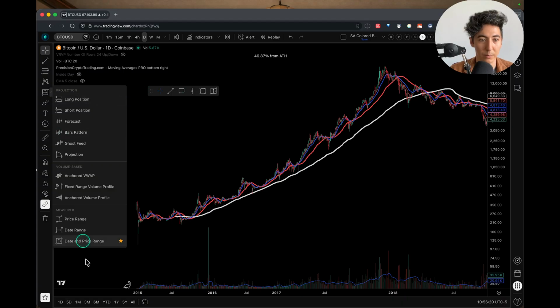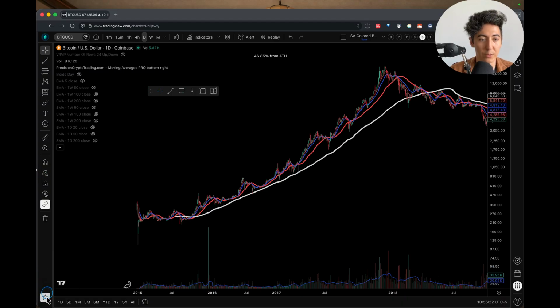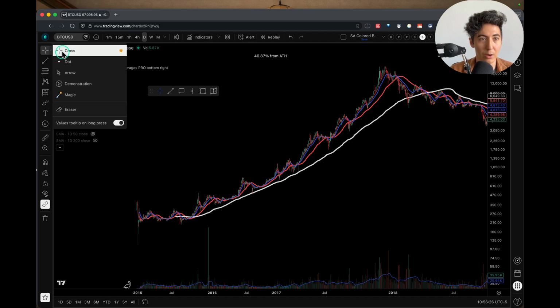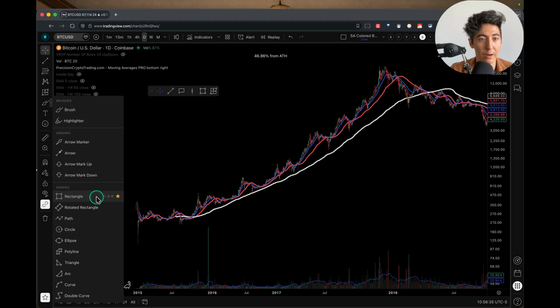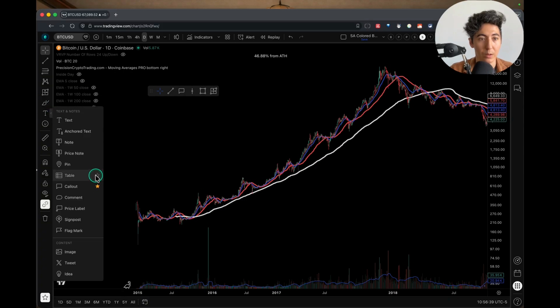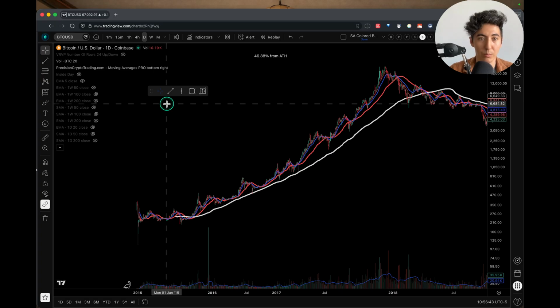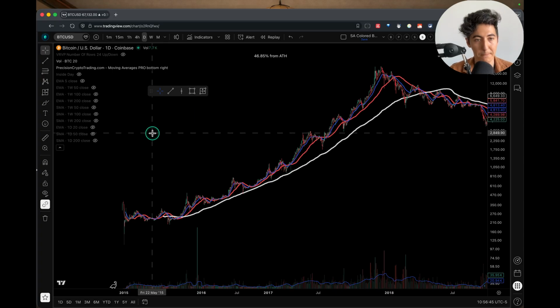If you don't have the little favorites bar, just click on this little star right there. We're also going to be using the arrow, which should already be selected, a trend line, a vertical line, and then the rectangle. If you go to brushes, rectangle. These are the only ones that we really need for stage analysis.